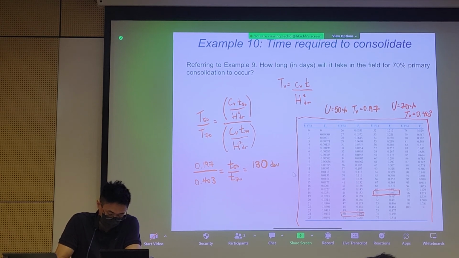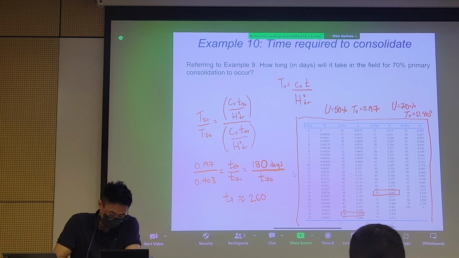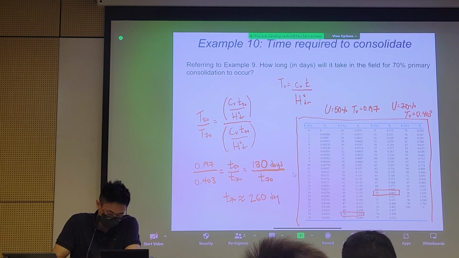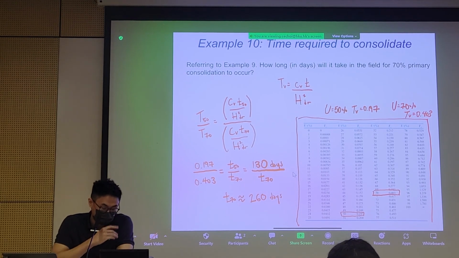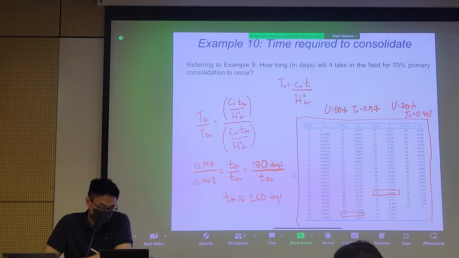And you knew that this was 130 days. So we know T70 will be about 260 days. So we can leverage the relationship between T50 and T70. We know that the soil properties are the same, and we can calculate T70 as 266 days. Sorry, 266 days.